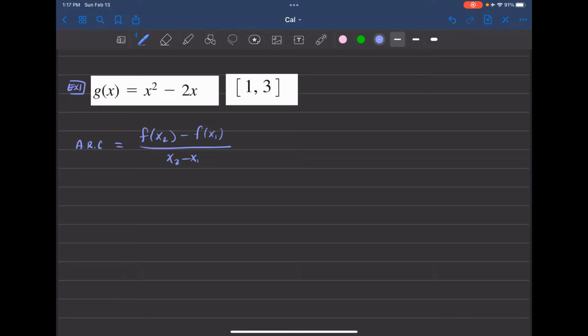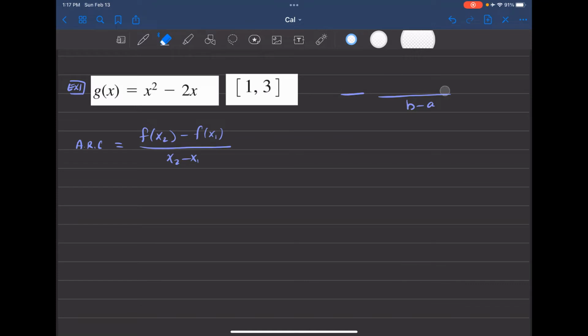You might also have known it as f of b minus f of a over b minus a. So this is also the same formula for average rate of change. Instead of x1, x2, we're using a and b. So it simplifies a little bit more. But let's use this one since that's the one I introduced previously. But feel free to use the one on the right if you feel comfortable.